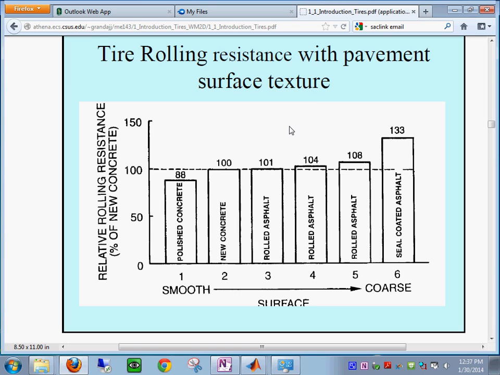In that case, you increase it, but you increase it because you need it. You need to move your car out of sand or mud. You actually want to increase the rolling resistance coefficient as much as you can to be able to move the vehicle from sand or from mud.